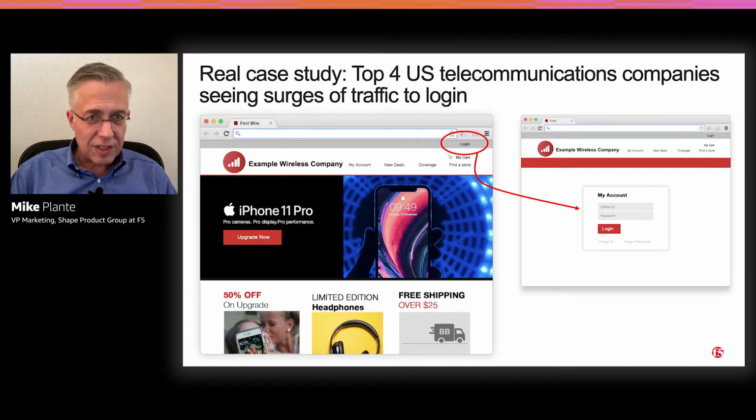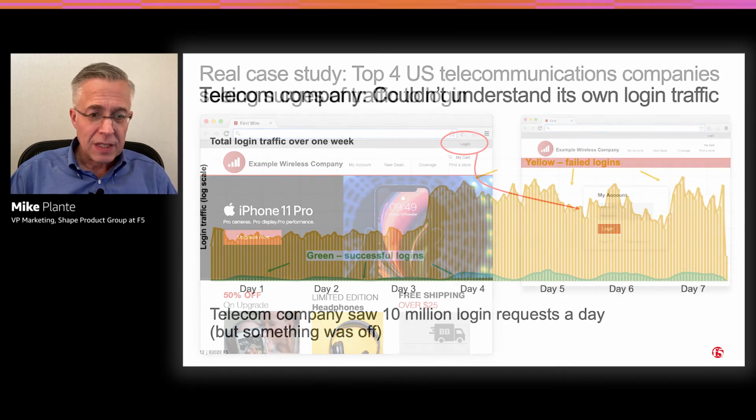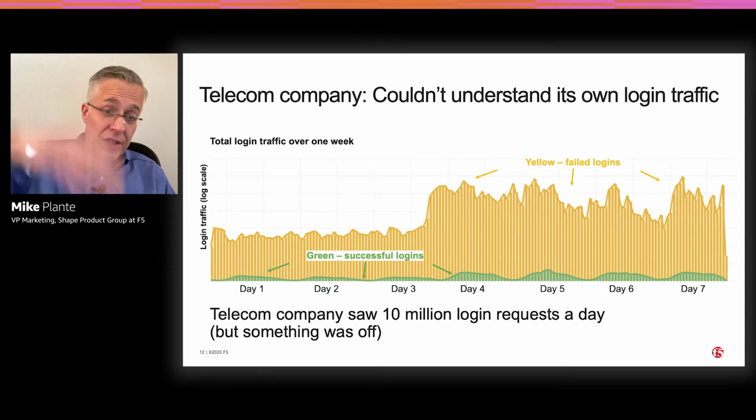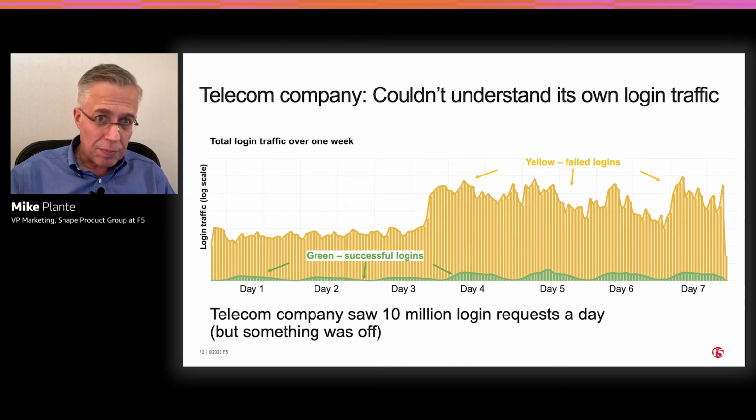For purposes of this example, we'll call them Example Wireless Company. They were experiencing a surge to their login page, and this is what that traffic looked like from their perspective. By the way, the vertical axis in this chart is logarithmic. In other words, it's much taller than it appears on the slide, but we portrayed it logarithmically so you could see the green traffic.